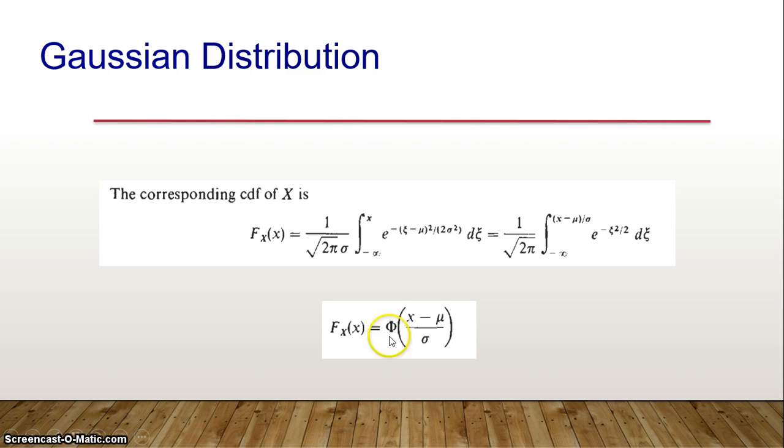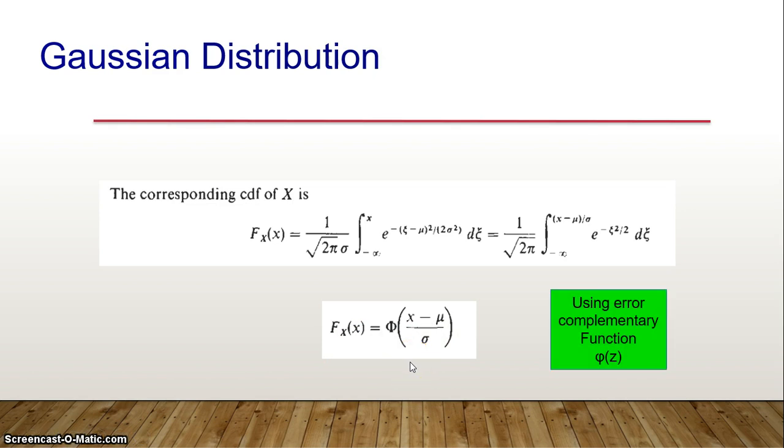Like a log chart, you have phi values. Whenever you vary x, those phi values depend on x minus mu, how many deviations it is away from the mean, divided by sigma, how much it is varying. That gives you the Gaussian distribution values. So this is a very important concept.